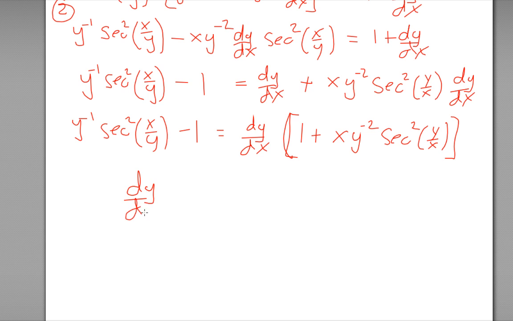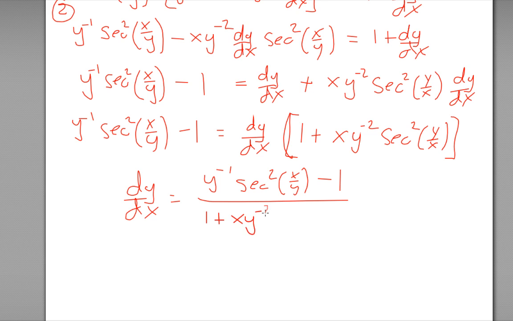So dy by dx equals this thing, y to the negative 1, secant squared x over y minus 1. That's the left hand side divided by, what did we divide both sides by? This, 1 plus x, y to the negative 2, secant squared y over x. And that's it. That's the derivative of y with respect to x.